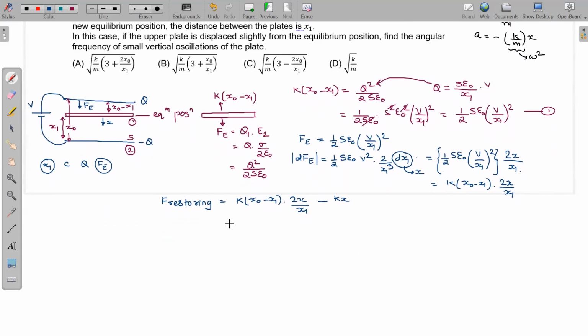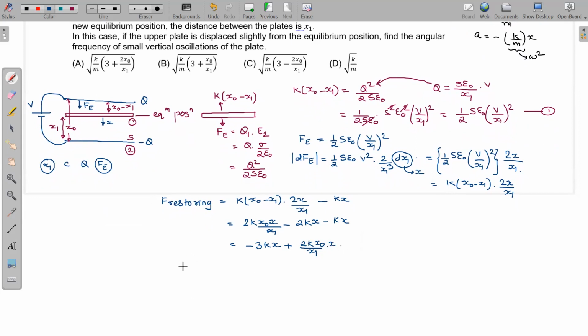So if I solve this expression, you will get this as 2 times k x naught into x by x1 minus 2k times x minus kx. So minus of 3kx plus 2k x naught by x1 times x.